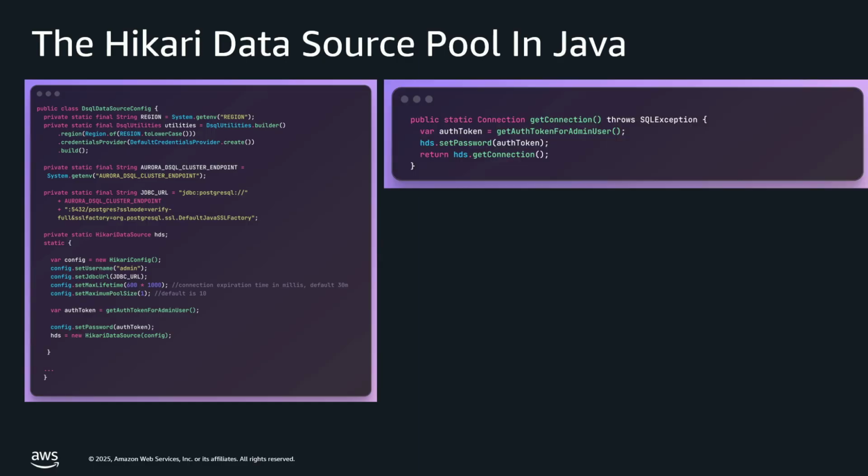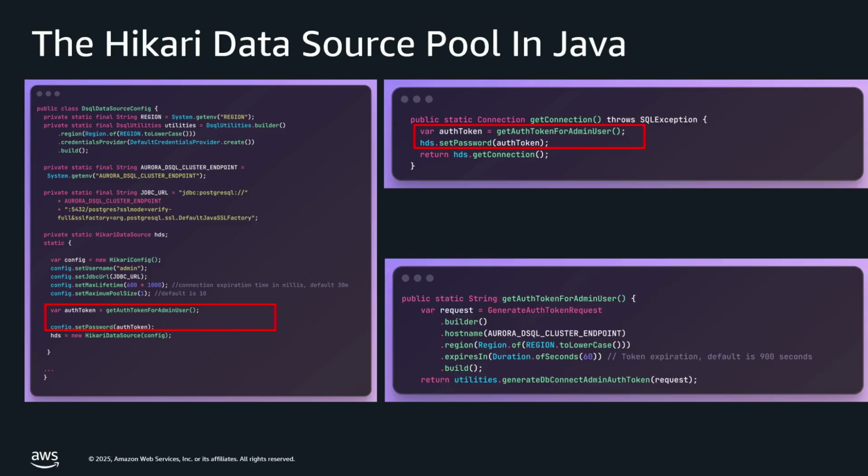So I create this here, and this is the logic to get the connection. You see in both places what we are doing: we are fetching the token and setting it as the password. There is the Aurora DSQL SDK, which does the same as what I showed you with the AWS CLI.